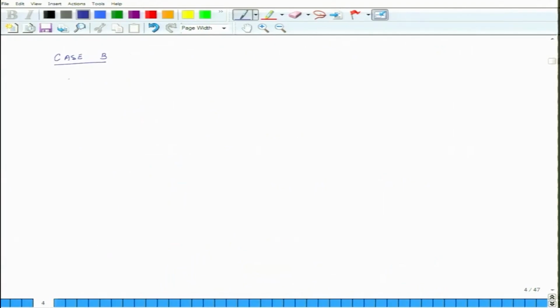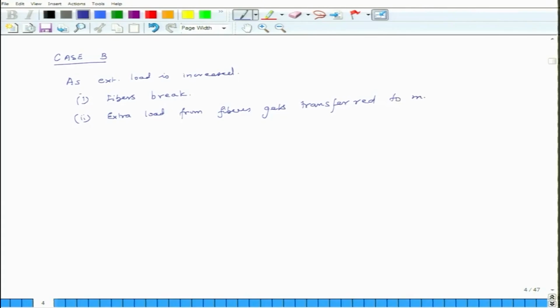So, in case B, as external load is increased, first, fibers break. Second, extra load from fibers gets transferred to the matrix.